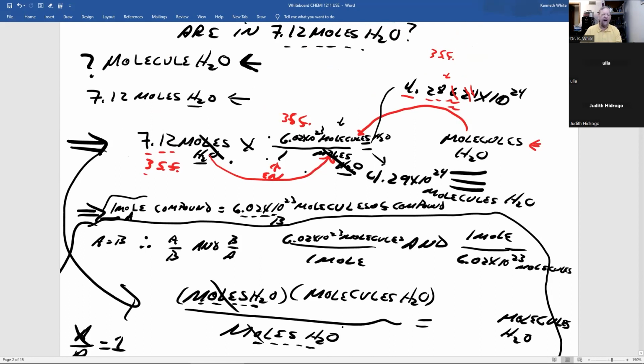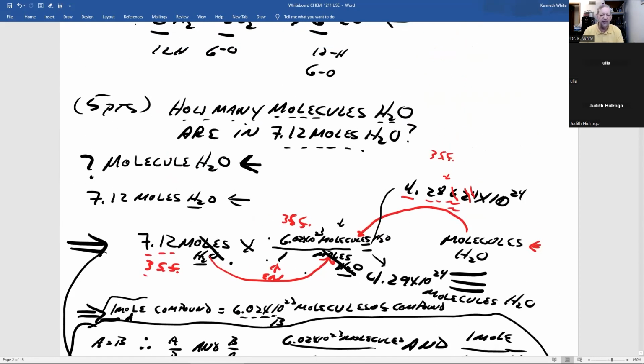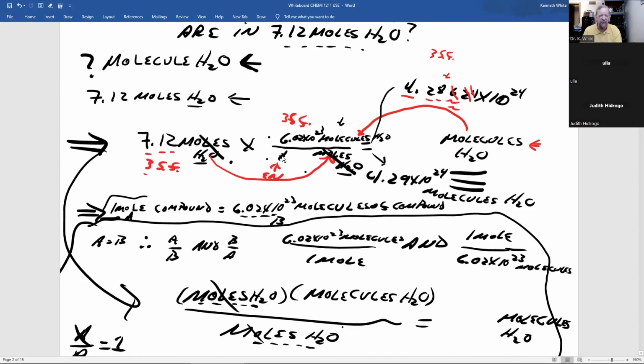Now, when you do a problem like this, if you just write down a number as an answer and it's wrong, you get 0 points. If you show me your work like this and you made a math error, say you put down 5.11 times 10 to the 15th, but you had this 7.12, Avogadro's number, and the 1, I'd say, oh, you made a math error.